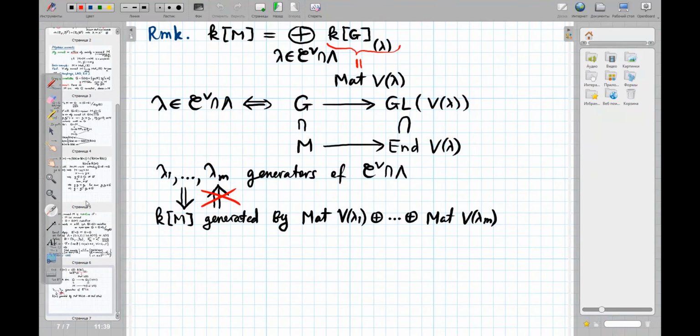So the converse implication doesn't hold, because it may happen that this coordinate algebra is generated by a smaller subspace of matrix entries. We shall see it in an example.